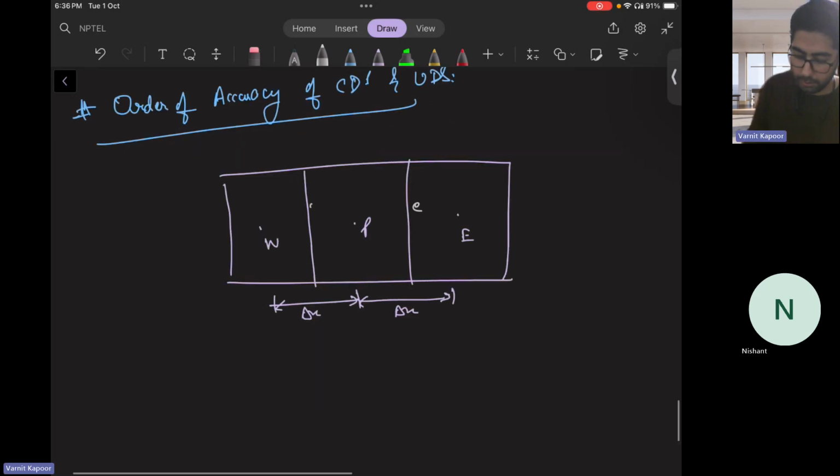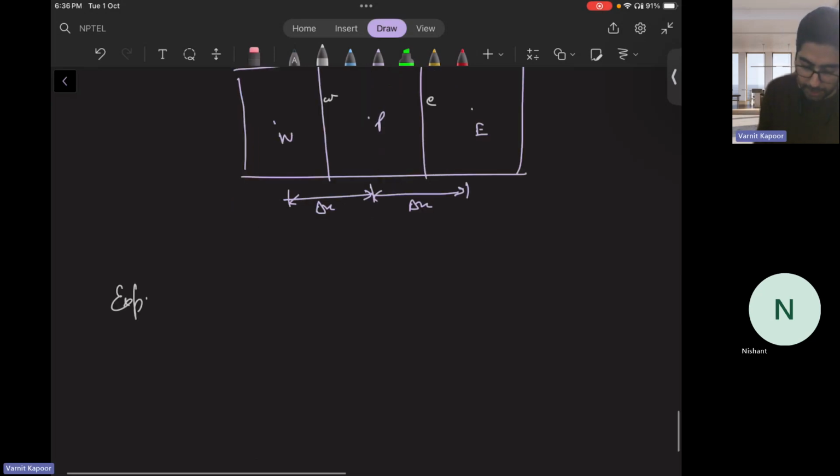This is your east, this is your west space, and again this is also del x. It's a uniform 1D mesh. So if you want to expand the property phi at P, expand phi P about phi east.